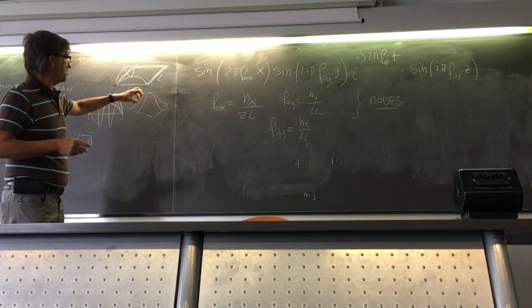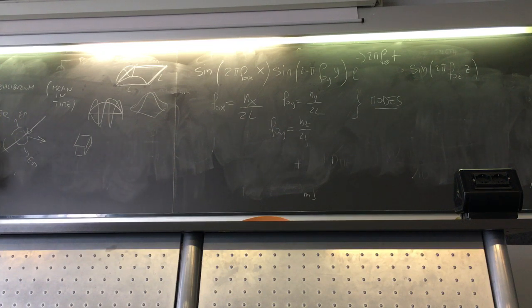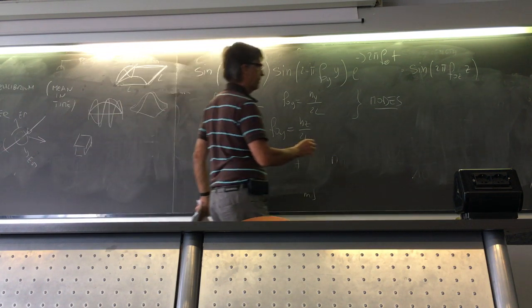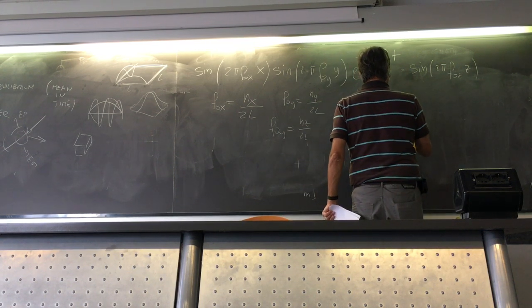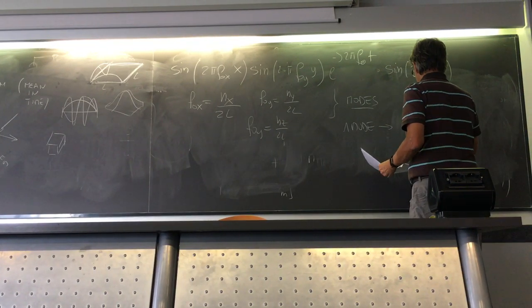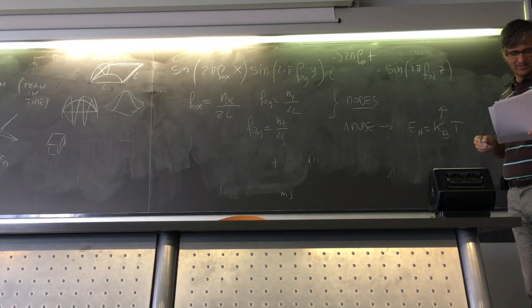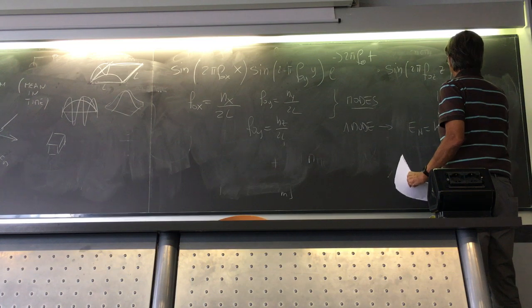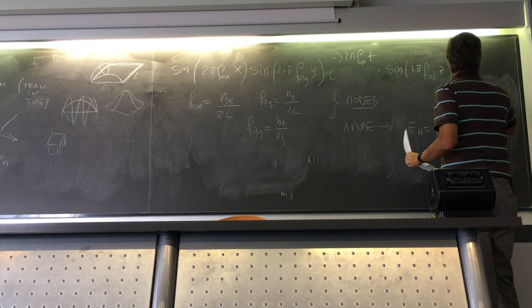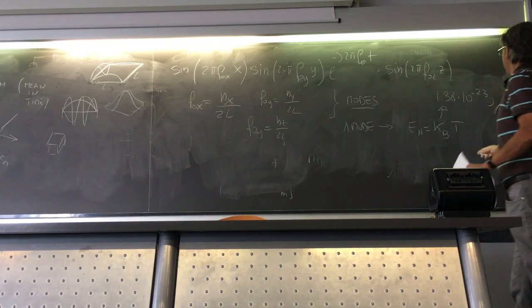Because each mode can disperse only a limited quantity of energy, and this was the principle of thermodynamics. The limited quantity of energy that is associated with one mode is kB multiplied by T. kB is the Boltzmann constant, about 1.38 times 10 to the minus 23 joule divided by Kelvin, by the degree of Kelvin.